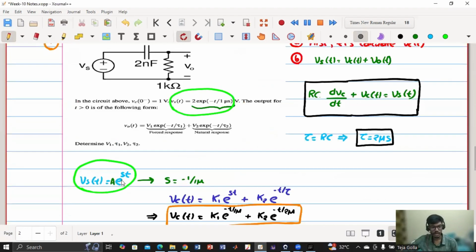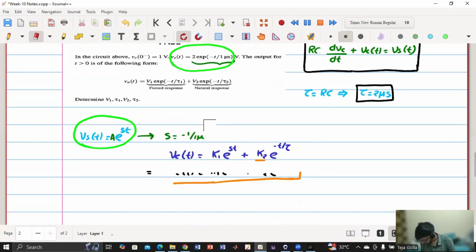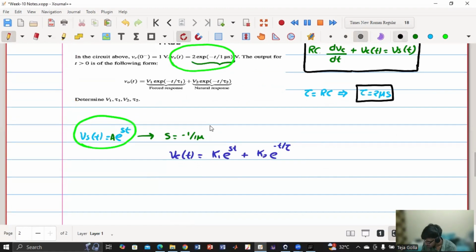So if the input is some e to the power st, here it is e to the power minus t by 1 micro, then Vc of t will be a scaled version of the input plus a scaled version of e to the power minus t by tau. So maybe let me erase. Okay. So what is my Vc of t?